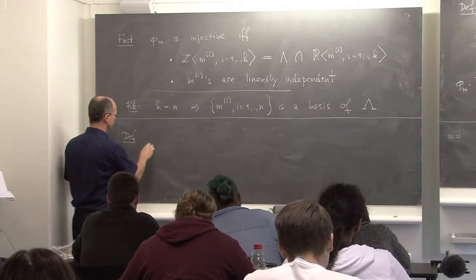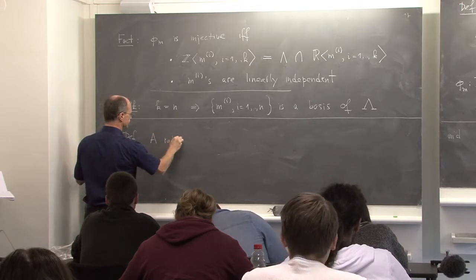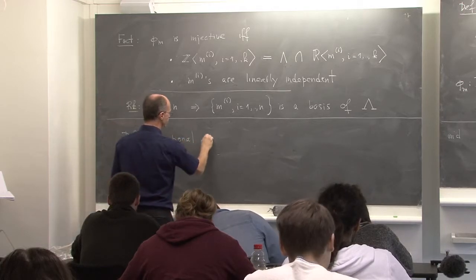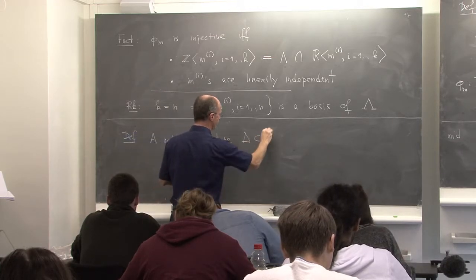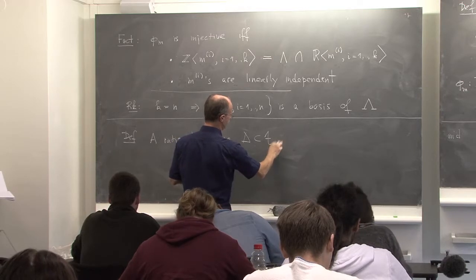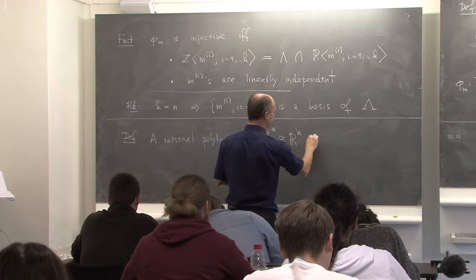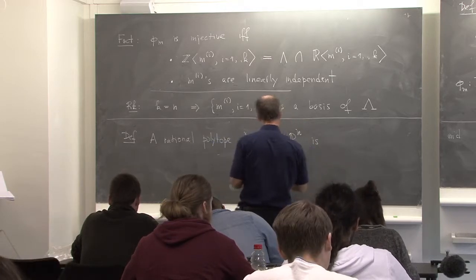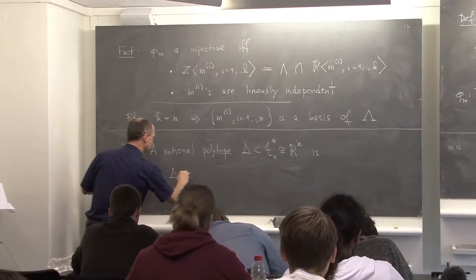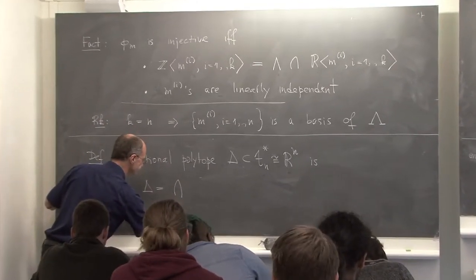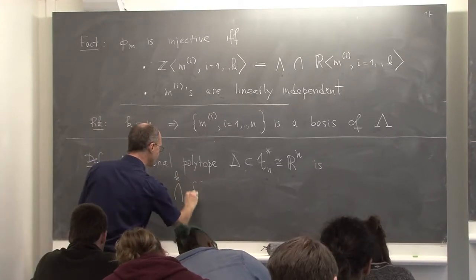A rational polytope Delta inside, let's say, T^n star, isomorphic to R^n, is an intersection of a number of half spaces.